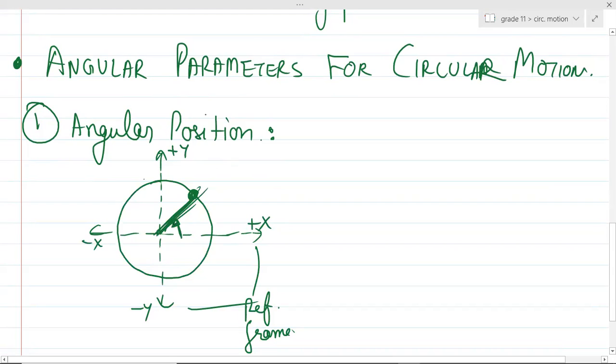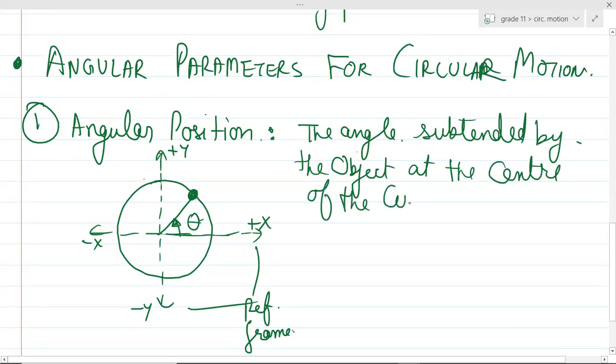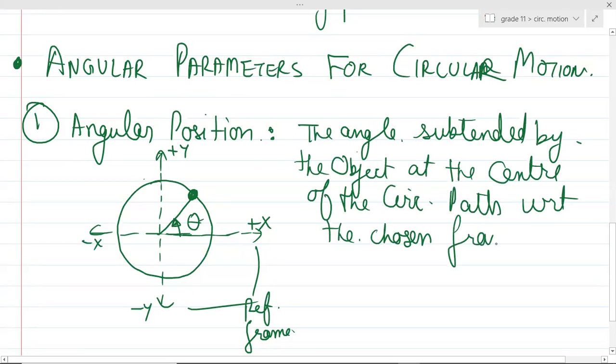So from here, can you see this angle is called the angle subtended by the object at the center of the circular path with respect to the chosen frame, and this is basically called the angular position.